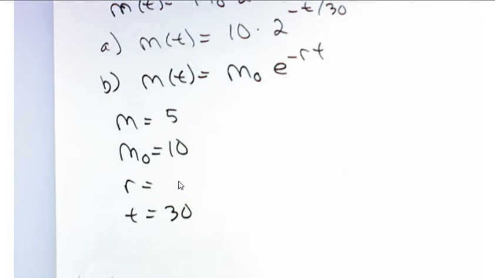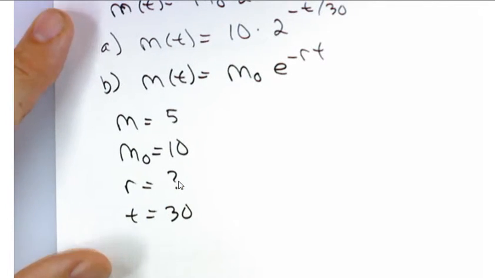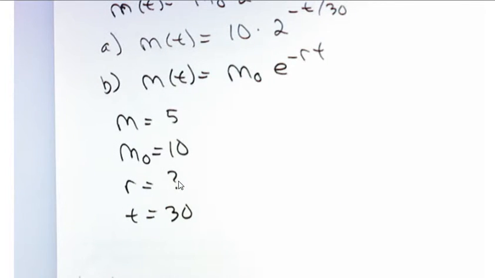So we have 5 equals 10 e to the negative R times 30.